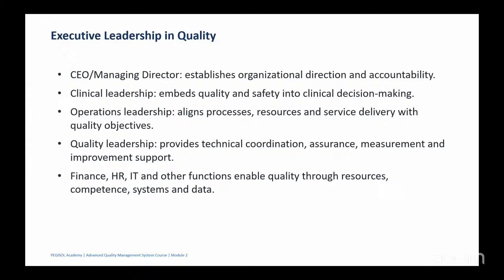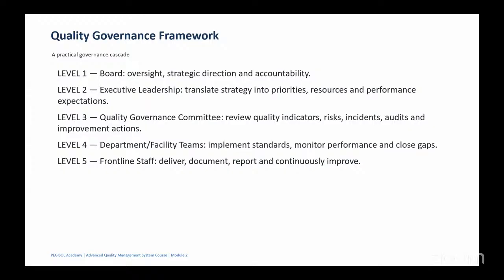Then in marketing, there's what we call cost of acquiring a client, or cost of acquiring a new client. And this can also help for repeat visits, for client retention, patient retention. So your finance, your HR, your IT, and other functions, maybe career services and so on, enable quality through process, competency, systems, and data.